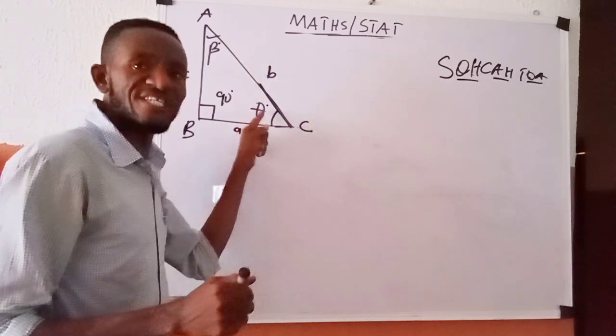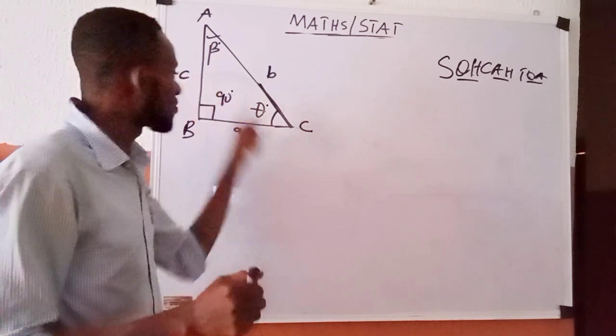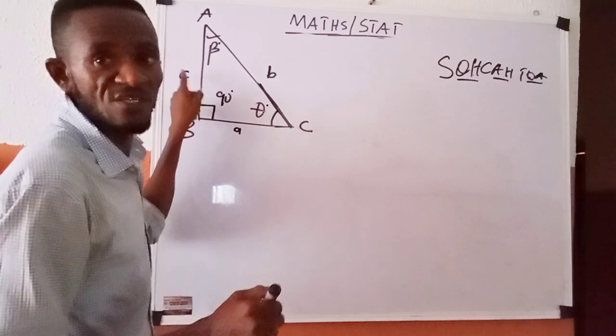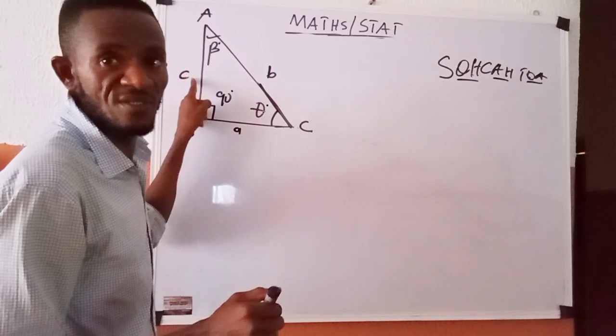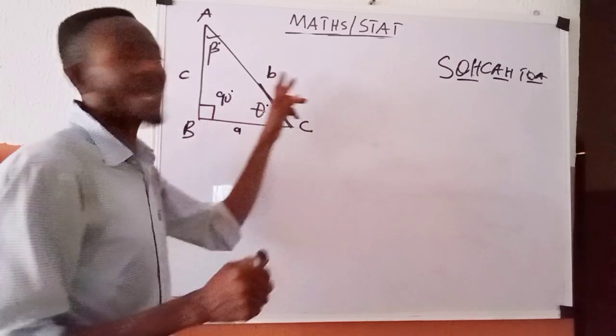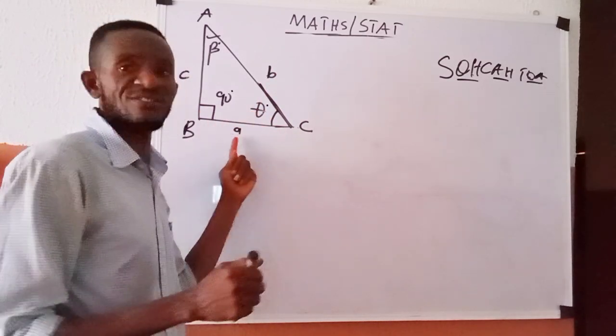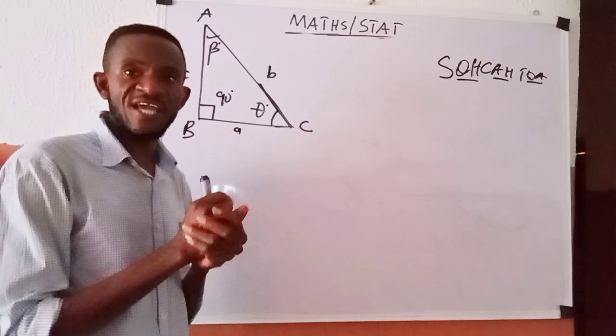With respect to theta, the side where the theta is facing is the opposite. So theta is facing this C, so C is opposite. The remaining third side, that is neither faced by the right angle nor by the theta, is what we call the adjacent. So this A is the adjacent.